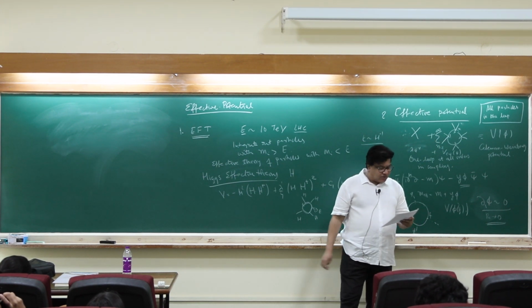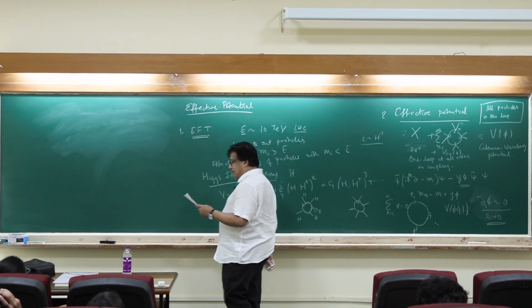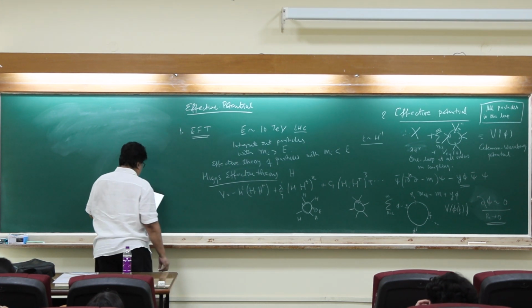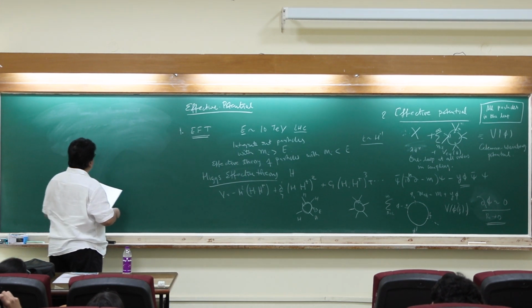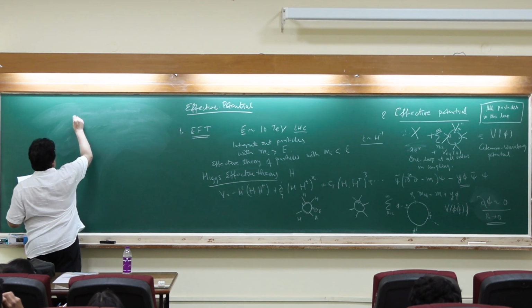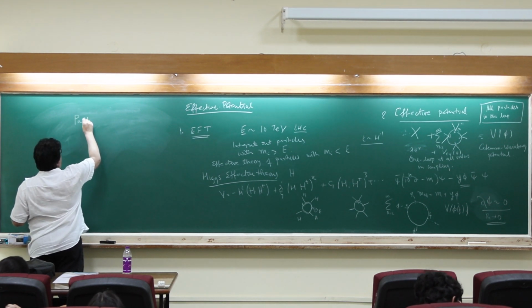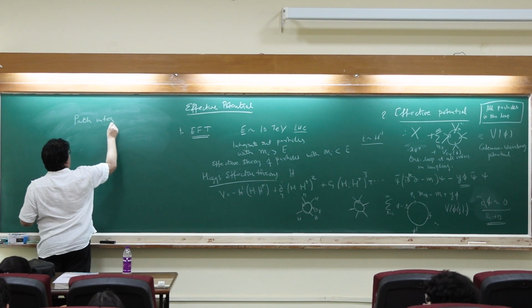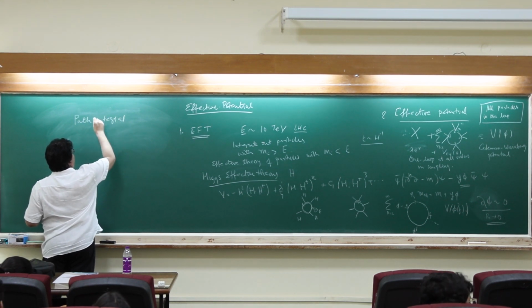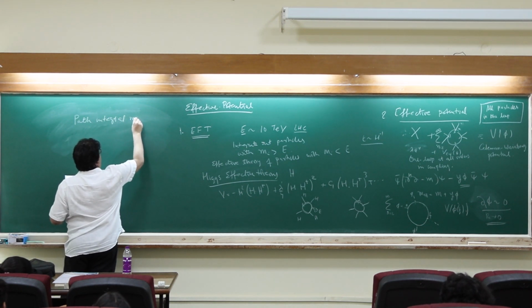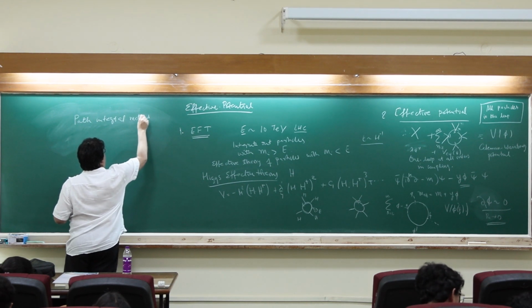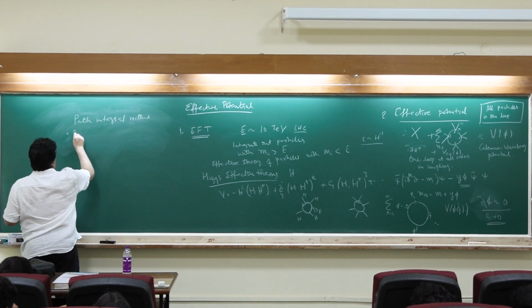So I'll use, instead of the Feynman diagrams, what's called the background field method, or this path integral method. Actually, it's simpler, you'll see. It's also called the background field method.